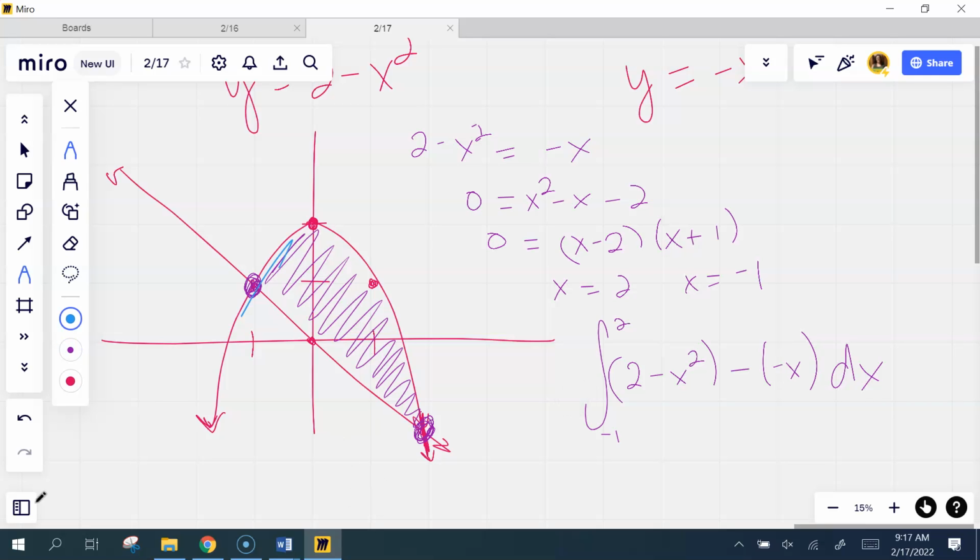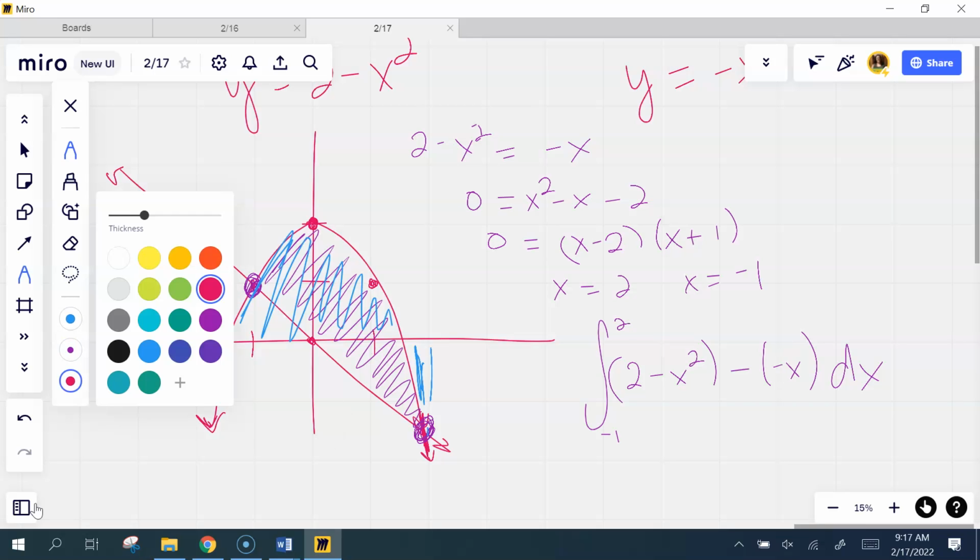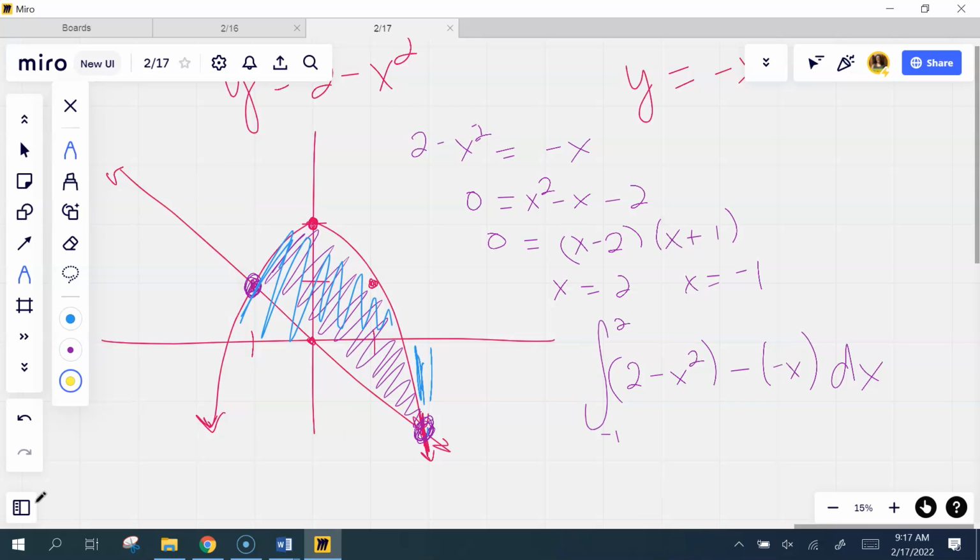If I find the area under the parabola, it'll be what's in blue, right? But it's going to include this. If I do the area under the line, which is going to be negative area, or part of it, it's going to be this.